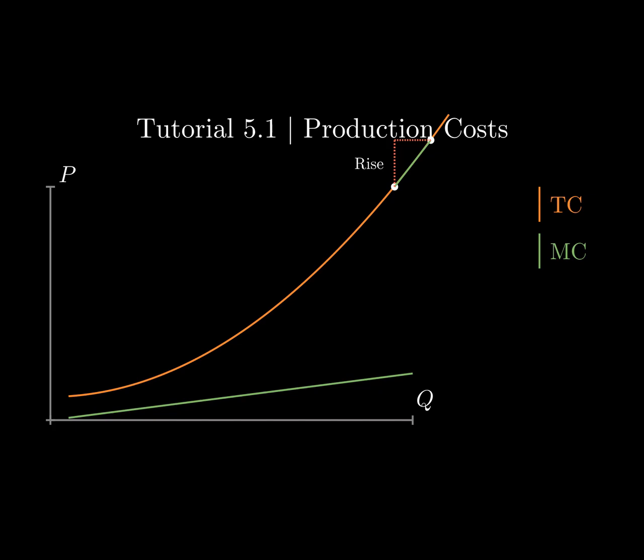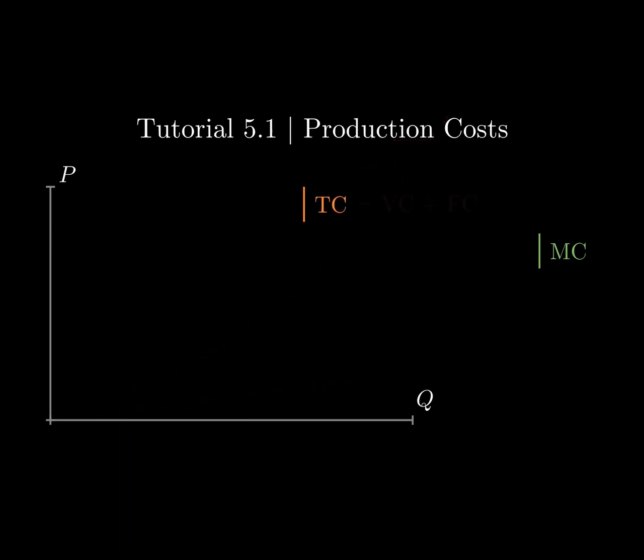And total cost is composed of variable cost and fixed costs. If we divide total cost by quantity, we get average total cost, the cost associated with each unit of output. And this also works for variable cost and fixed costs.